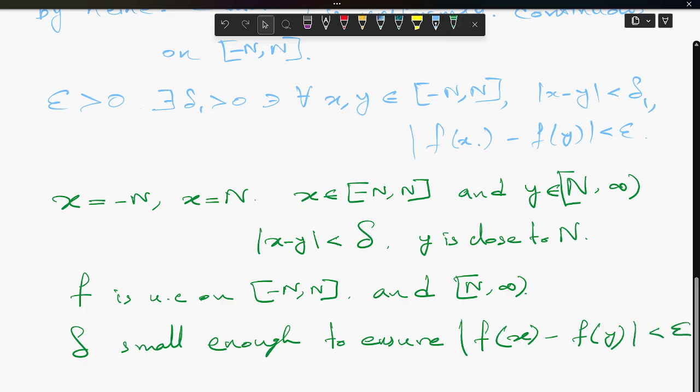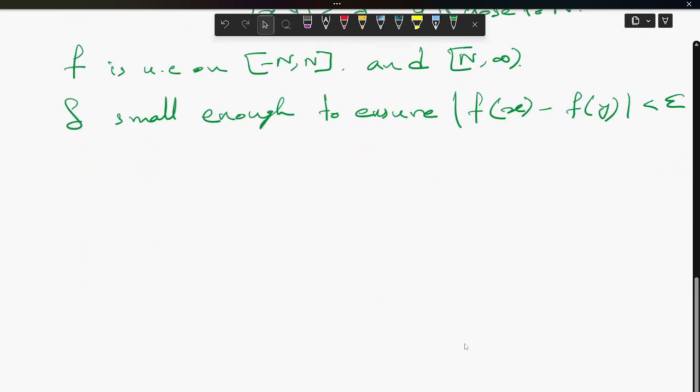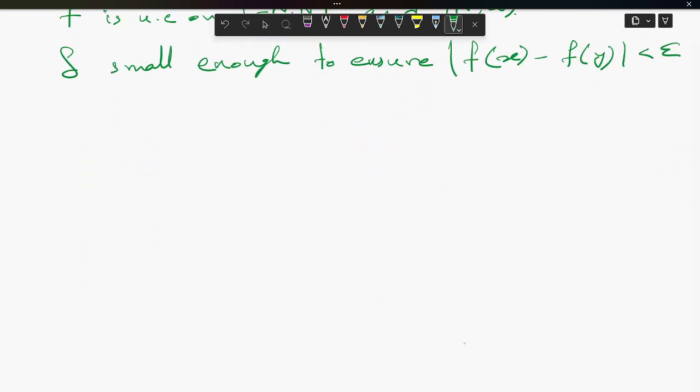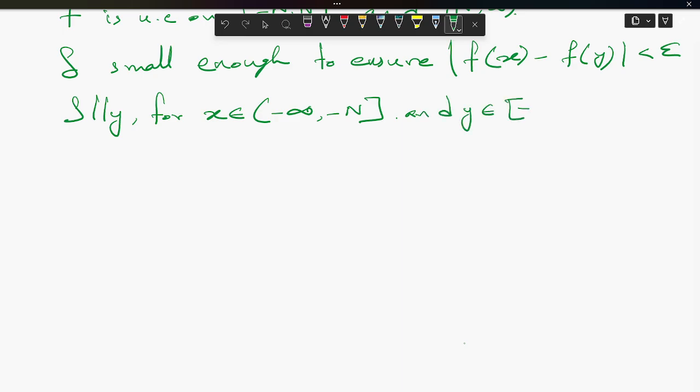So similarly, for x belongs to minus infinity to minus n and y belongs to the closed interval minus n to n, let us take delta to be the minimum of delta 1 comma 1.